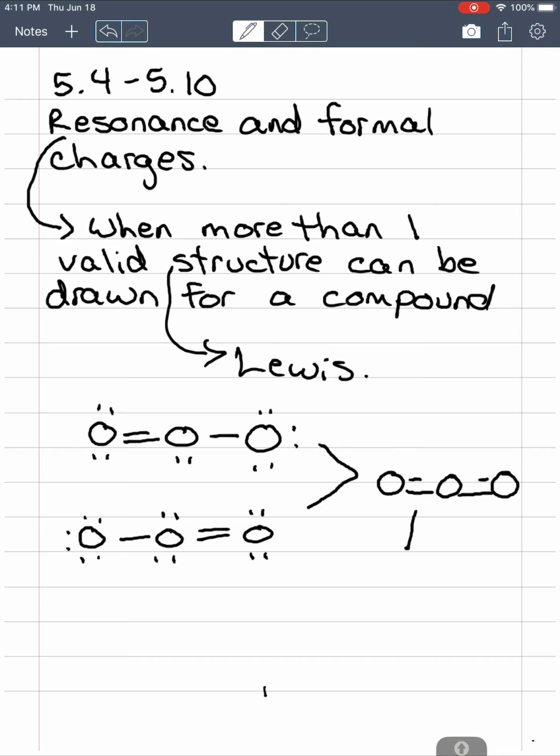What they mean is that when they measure the length of the bond, it's intermediate between a single bond and a double bond.